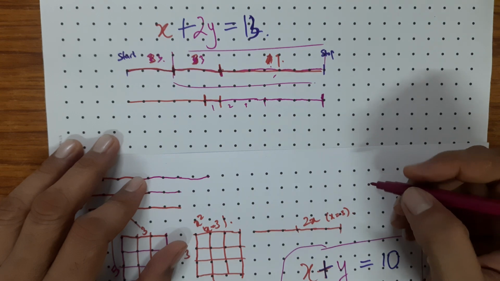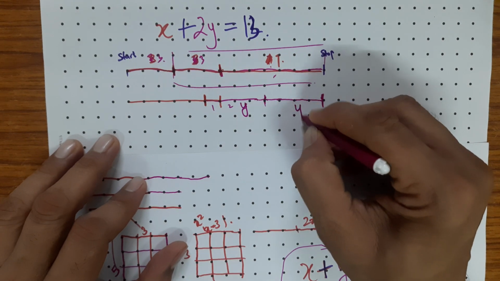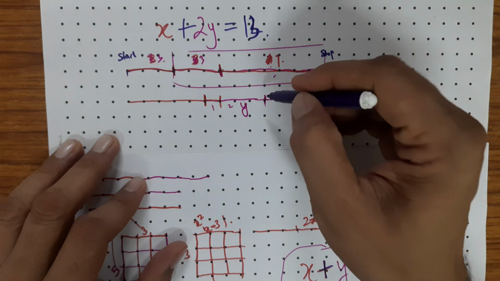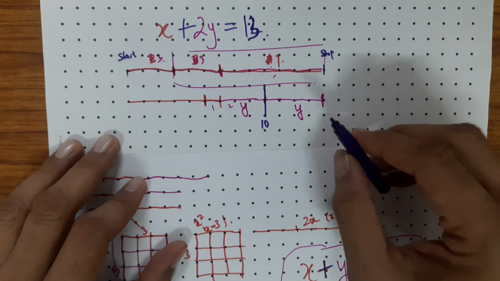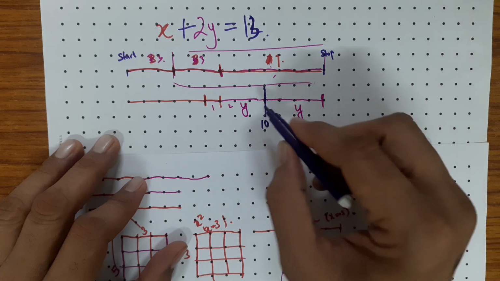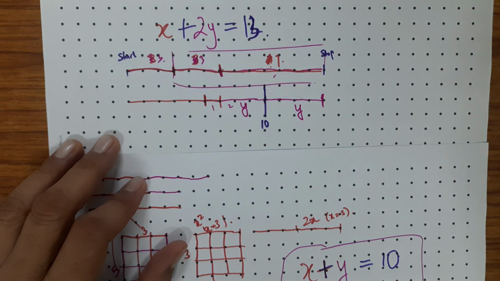So I'm coming till here. So this is 1y, this is 2y's, but this addition from here to here should be 10. Now x plus y should be equal to 10. Man, I'm very confused.